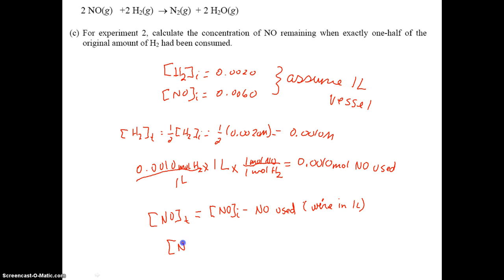So the concentration of NO at that time is going to be equal to 0.006 moles, which came from the liter, minus 0.001 moles, all still in the same 1 liter container. So we've got 0.0050 molar.